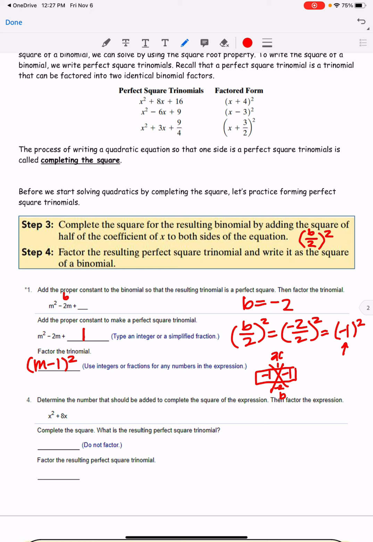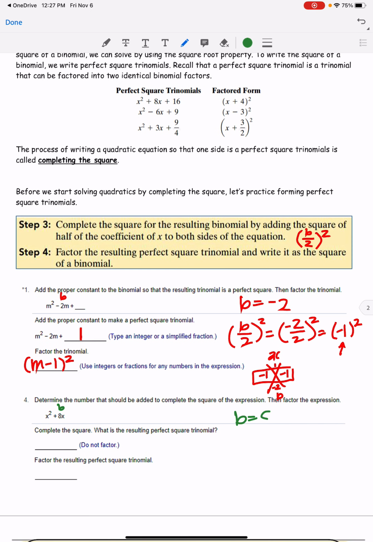Okay, let's try this again. Determine the number that should be added to complete the square of the expression and factor the expression. So I've got x squared plus 8x. Okay, so my b here is 8. So use your formula of b over 2 quantity squared.